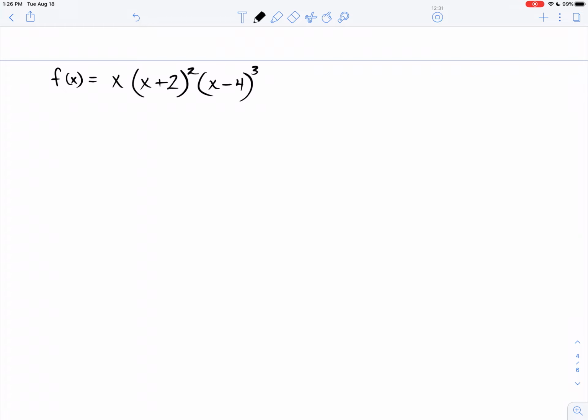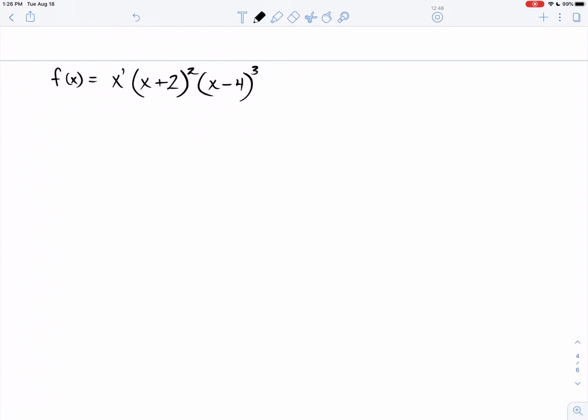Boom. That's what I mean by one of each kind. This guy is a first power. But this next one, x plus 2, is clearly a second power. And x minus 4 cubed is definitely a cubic, or a third power.